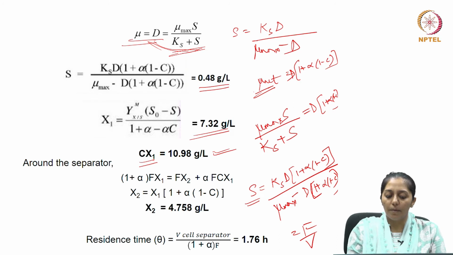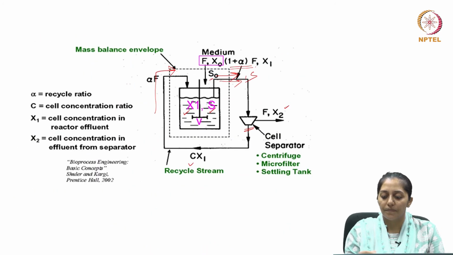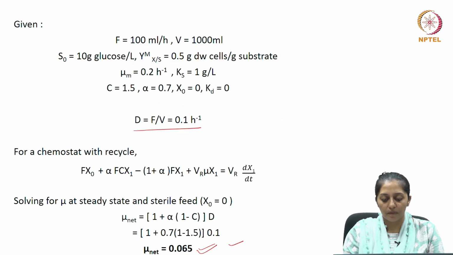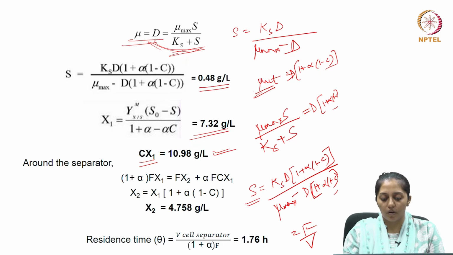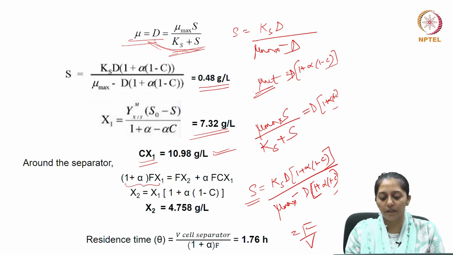Now let us do a mass balance across the cell separator for biomass. So if this is the cell separating device, the mass balance across the separator would reveal 1 plus alpha F times Cx1. This is nothing but the rate at which the biomass is coming into the separator.